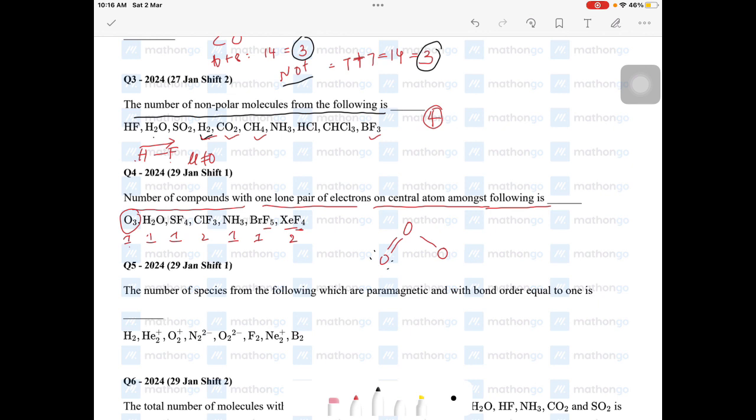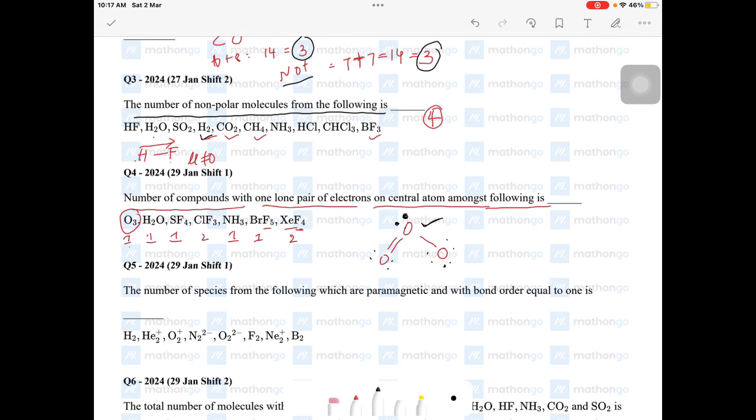Here 3 involved in bond formation, remaining 3, and here 1 bond, 1 involved, remaining 5. To show the octet configuration, we take 1 electron from this oxygen. That's why this central oxygen atom has 1 lone pair of electrons.